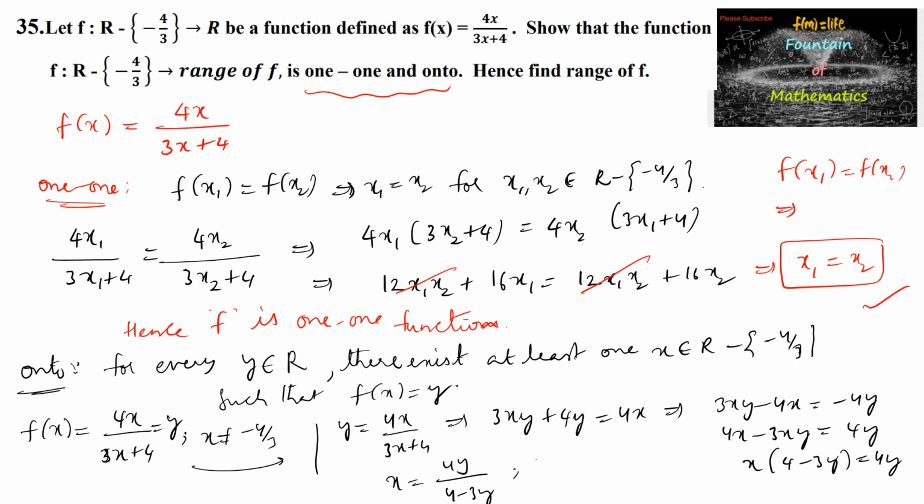And here we can say that 4 minus 3y cannot be equal to 0, that is y should not be equal to 4 by 3.